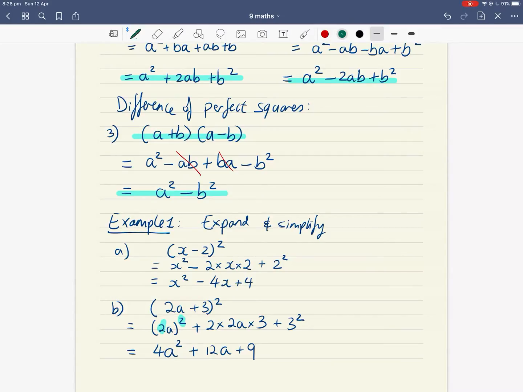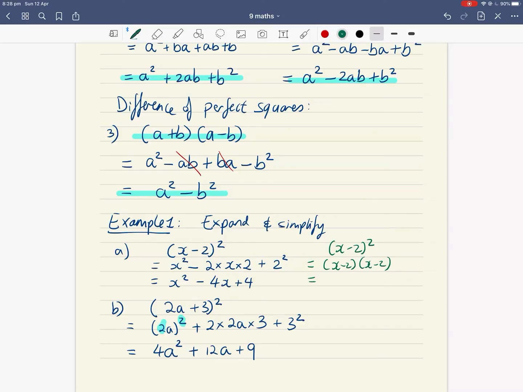Because if you go back to part A, if you couldn't remember the pattern of what a minus b all squared was, you really could just go, well, I know x minus 2 all squared means x minus 2 times x minus 2, because it's multiplying by itself, because that's what squared means.